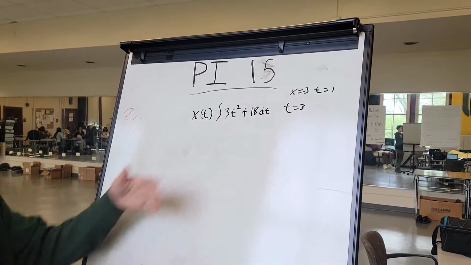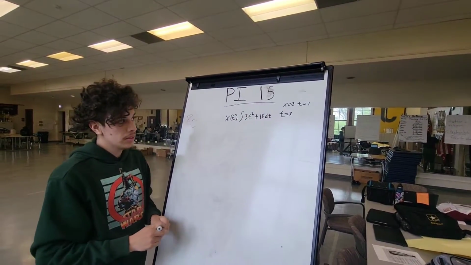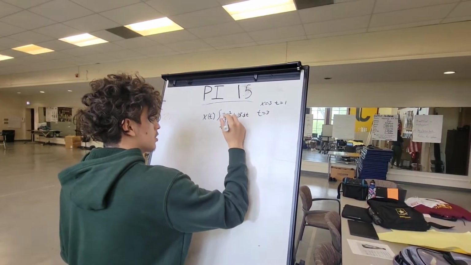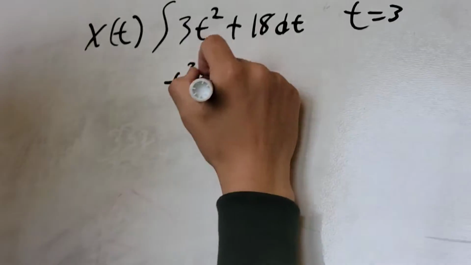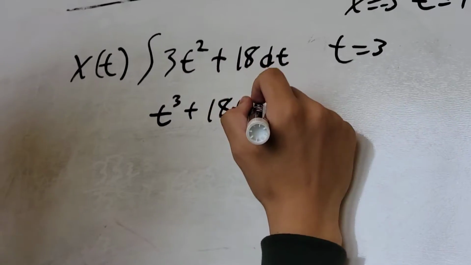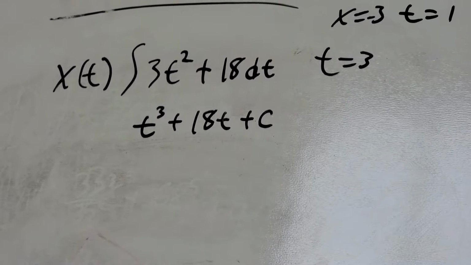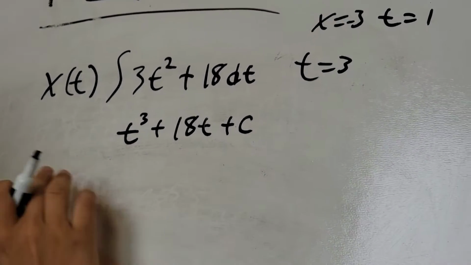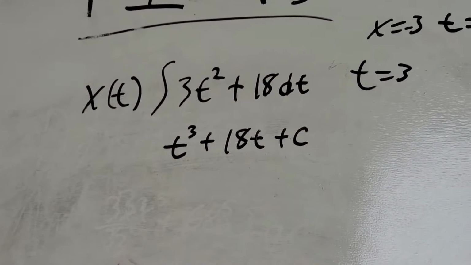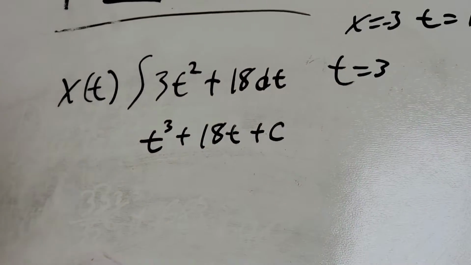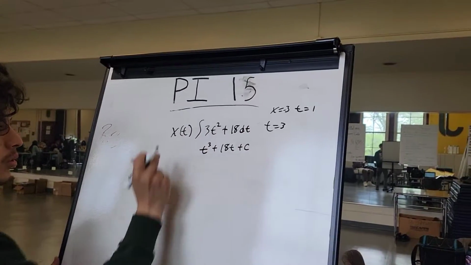From this derivative we have to find the antiderivative, which is simply t cubed plus 18t plus c. From here we have to find what c is so we can figure out the rest of the problem.